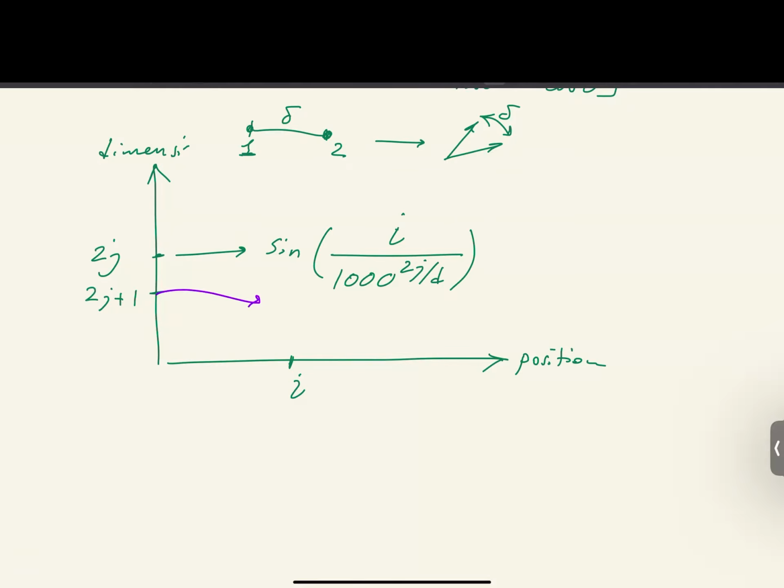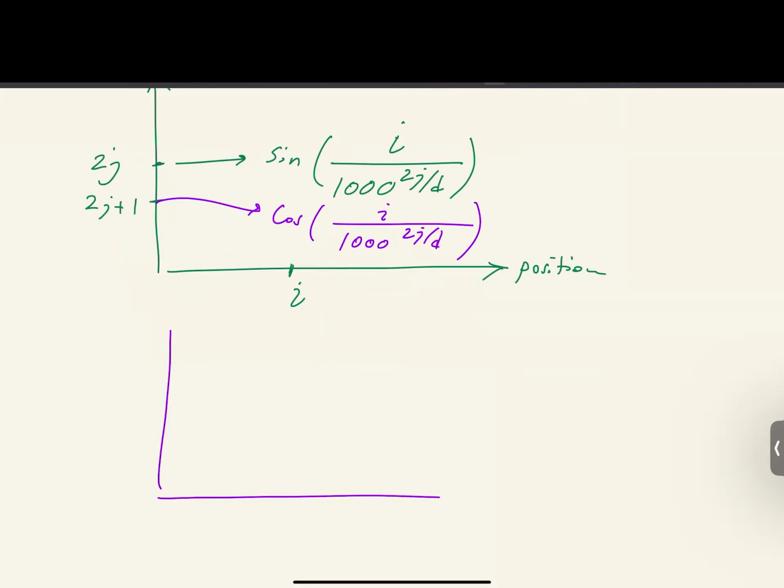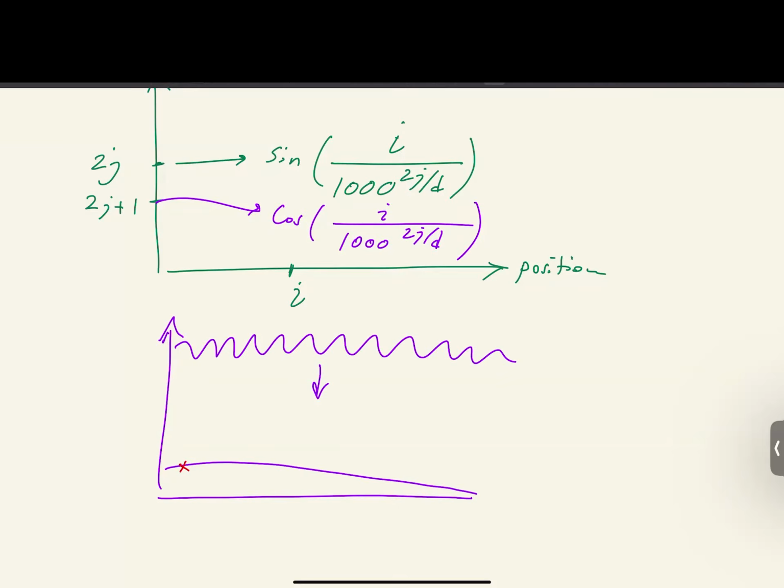For the odd position, we have cosine of i, with the same frequency. If we want to plot this, it's faster frequencies at the top, and when you go down, you have slower frequencies. Again, it's easy to distinguish between long distances and small distances using this balance of scales. And these pairs of sine and cosine help us interpret distances like rotation in this embedding space.